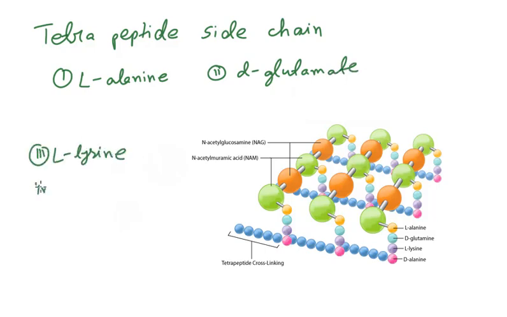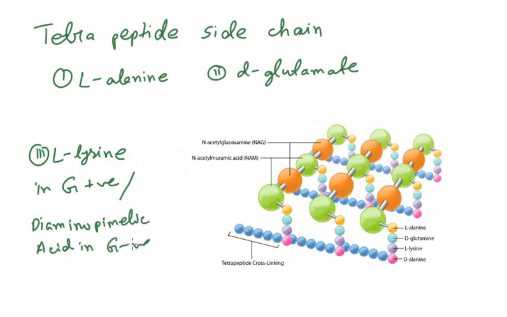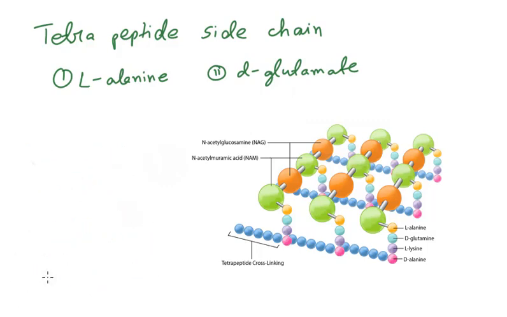In gram-positive bacteria, it is L-lysine, and in gram-negative bacteria, it is mostly diaminopimelic acid. The fourth amino acid of this tetrapeptide side chain is D-alanine, which is the most sure one among these four.